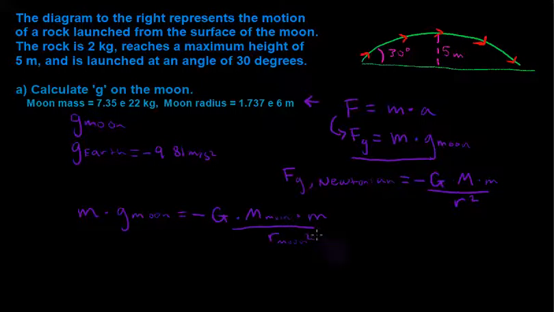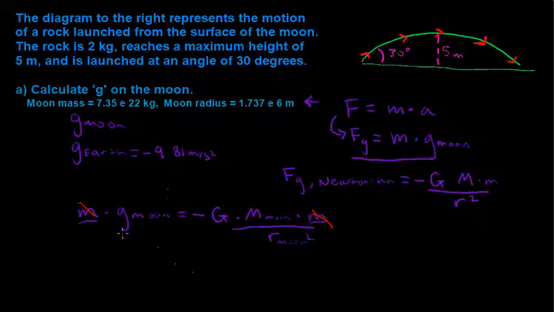moon squared. And before we do anything else, we should probably point out that the mass of the rock here is on both sides of the equation in the numerator, which means that we should be able to cancel these out, and we won't have to worry about the mass of the rock.